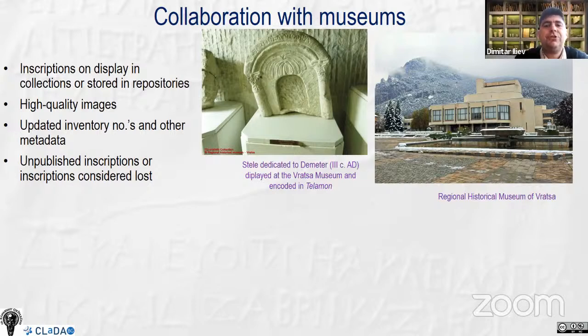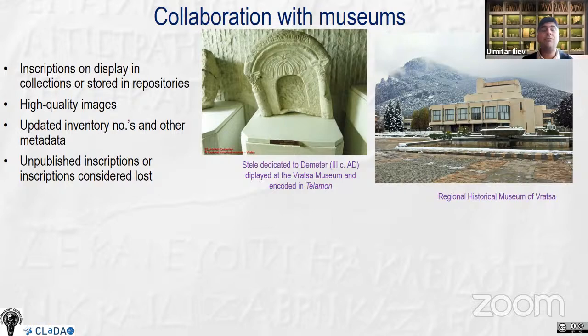If not for anything else, the collaboration with museums is very helpful in giving us the opportunity to have at least high quality images and updated inventory numbers in the inventory books of the museum, as well as some other metadata that need to be corrected, inspected or measured again, etc.